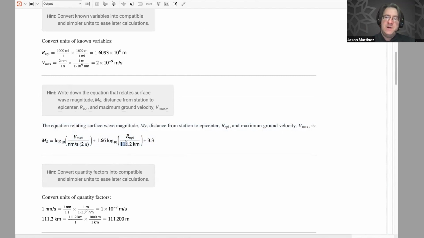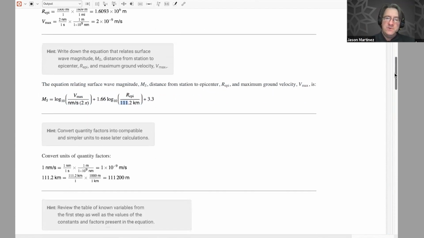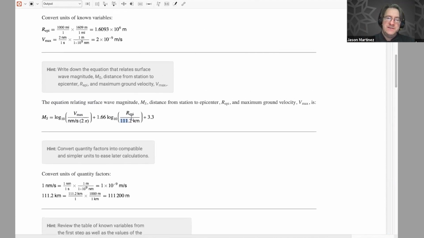And this is just experimentally derived as part of this formula. So we want those to solve this step by step. We would want to have those units be compatible with whatever units we're using for the inputs. And so we introduced another step to convert these factors into units that are compatible with what we're using elsewhere.